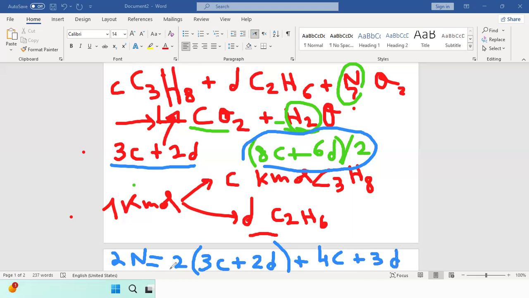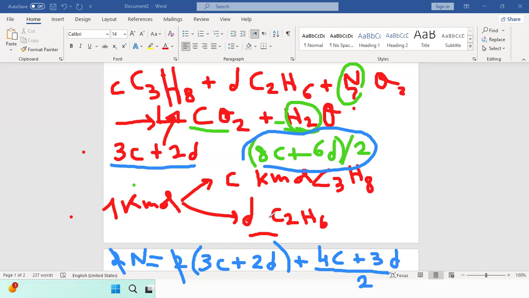So now N will be equal, if I divide both sides by 2, I can find N as a function of coefficients C and D. So this is a first approach to determine the number of kilomole of O2 required for the combustion of 1 kilomole of my mixture.